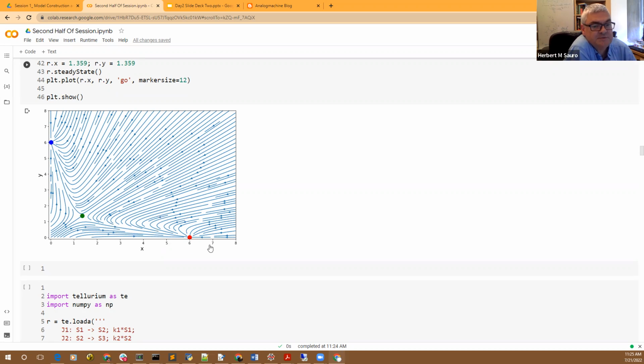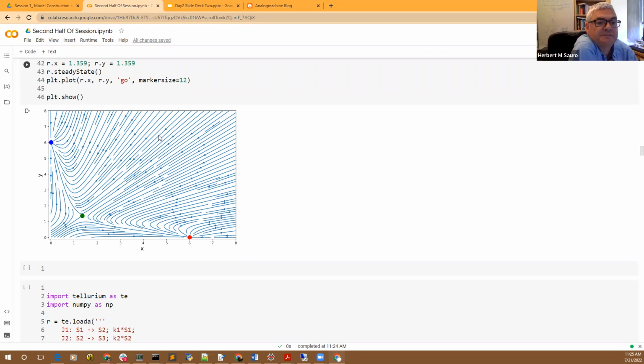The 3 dots represent the 3 steady states. The middle one is unstable. The top one, blue, is the on state, and the red one is the off state. This is 2 reactions that are inhibiting each other, and when you do that, they can exist in either an on state or an off state. What these lines represent is 2 variables, y versus x.